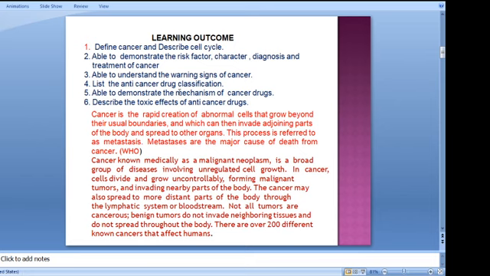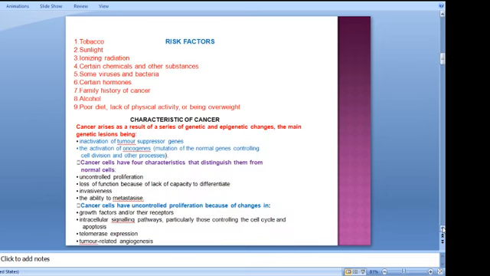The cancer may also spread to more distant parts of the body through the lymphatic system or the bloodstream. Not all tumors are cancerous. Benign tumors do not invade neighboring tissues and do not spread throughout the body. There are over 200 different known cancers that affect humans, according to studies.